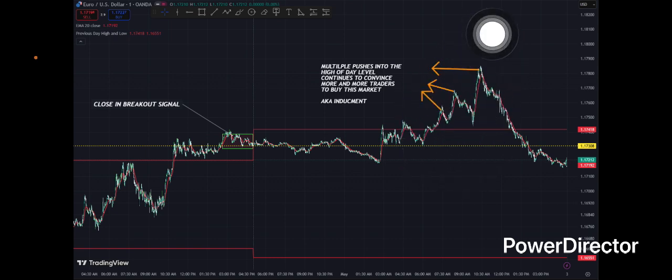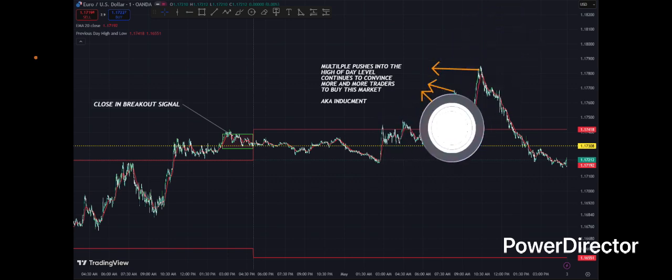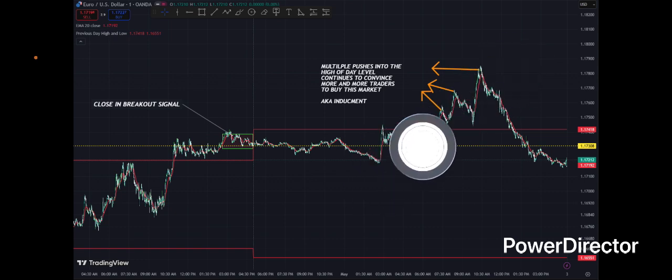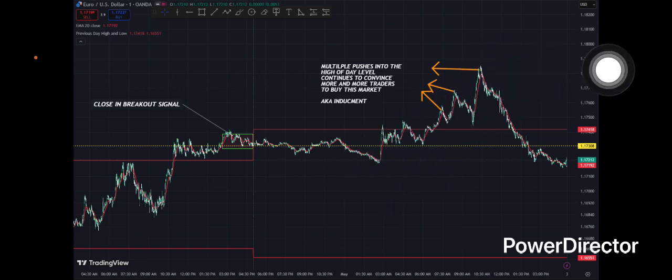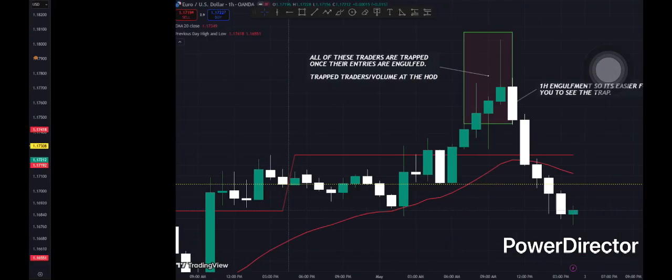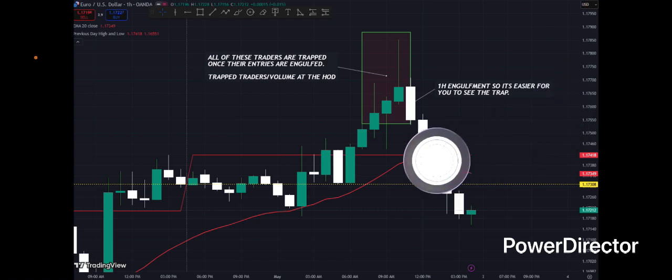When we have multiple pushes into that high of the day level, right, this continues to convince more and more traders to buy into this market, even though they are buying into the high of the day or the high of the week or whatever, right? This is what we might call inducement. These traders are being manipulated into buying something that they shouldn't, okay? And then they are taken for a loss.